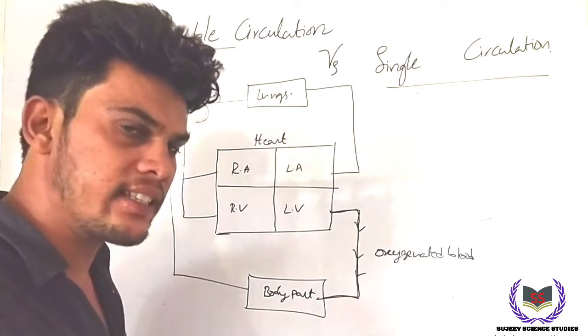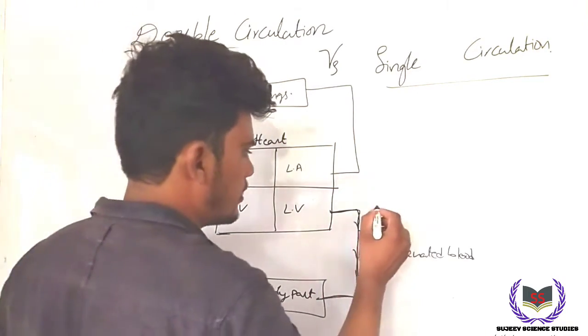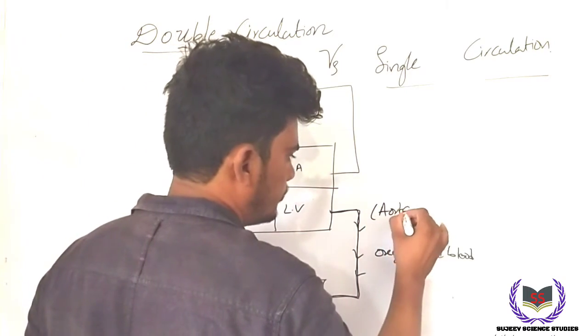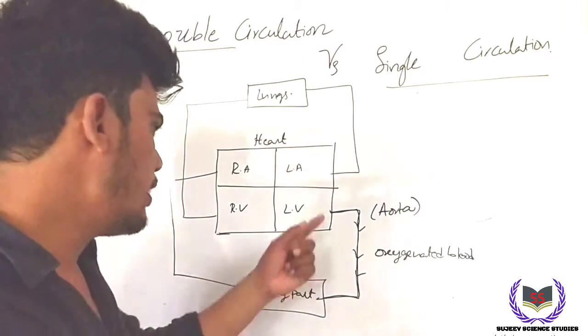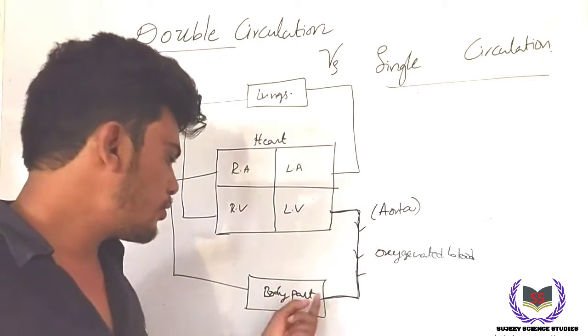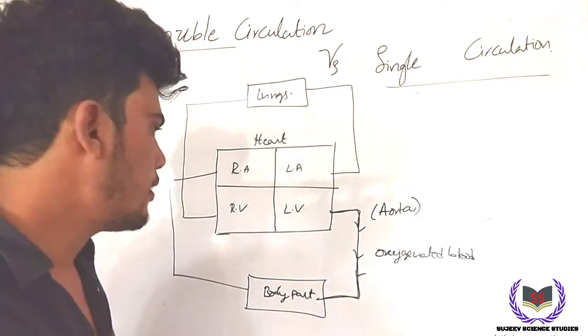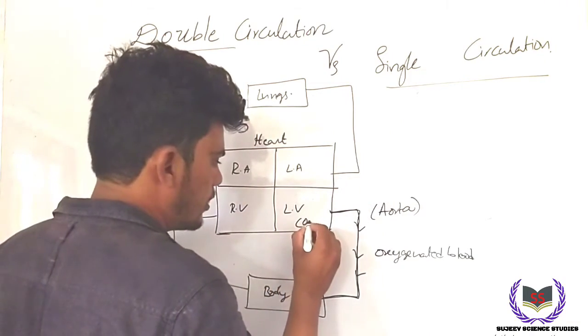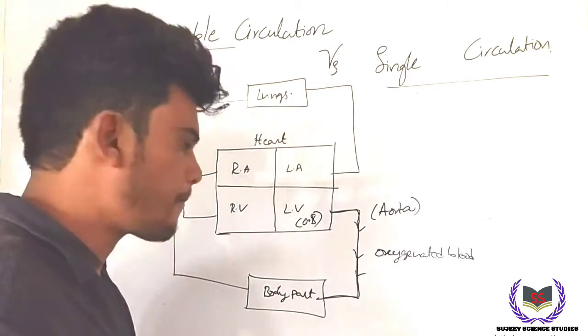Almost the biggest artery, that is the aorta. So this aorta carries oxygenated blood from the left ventricle to the body parts. Are you clear? That means it contains oxygenated blood, OB.